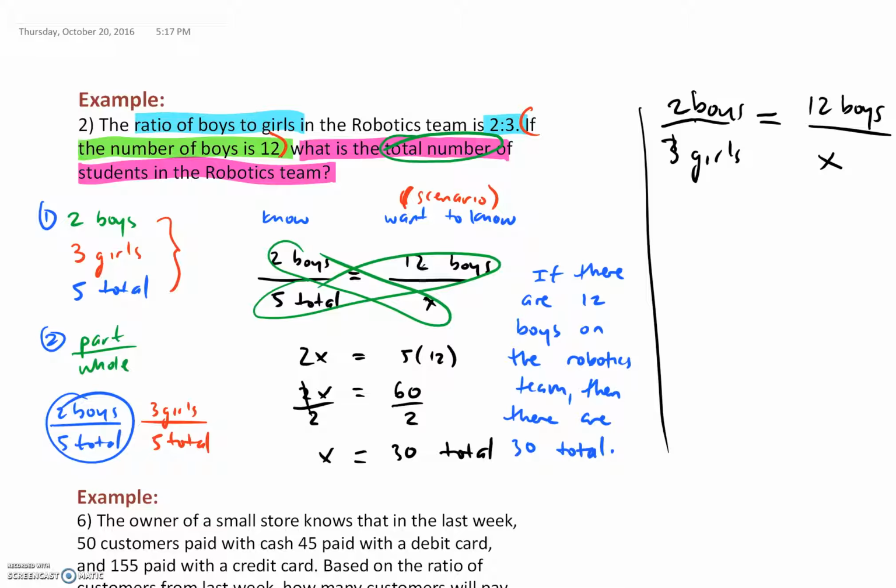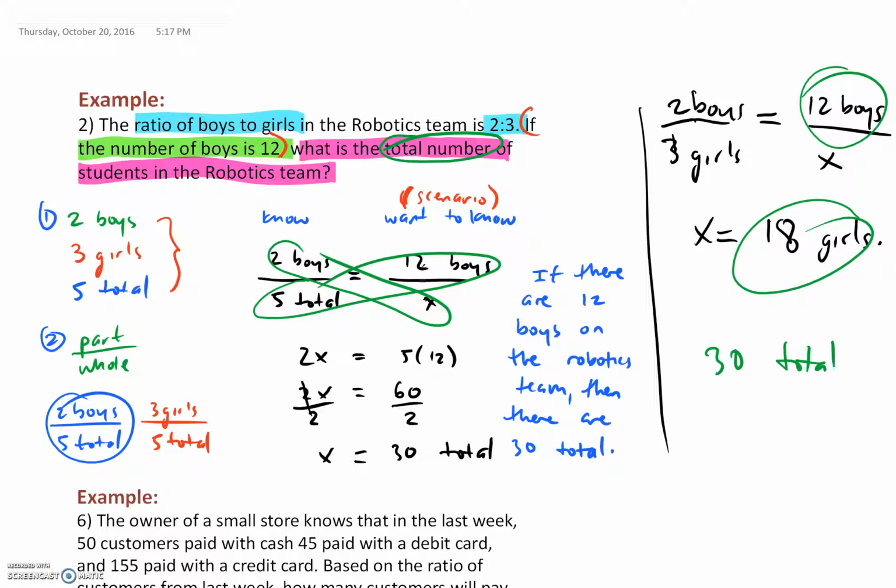Now, if we were to solve this proportion, we would get X equals 18 girls. Alright, so if the question was asking for the number of girls, it would be 18 girls. But in this case, the question is asking for the total number of students on the robotics team. So we would need to add the number of boys to the number of girls to get 30 total. Okay? So that's just another way of doing the question.